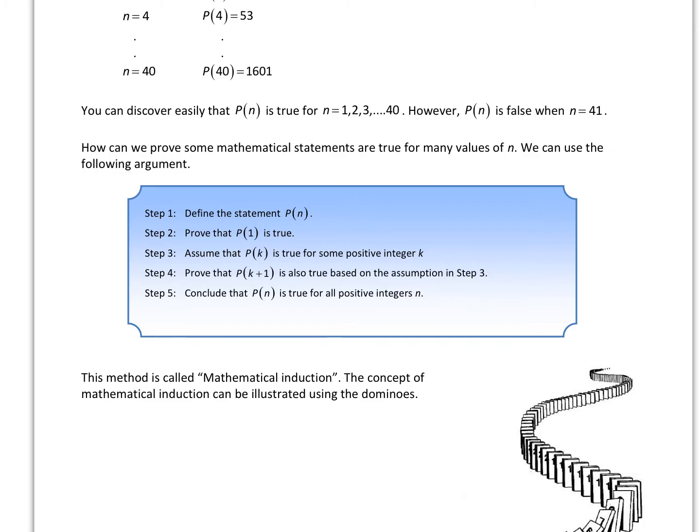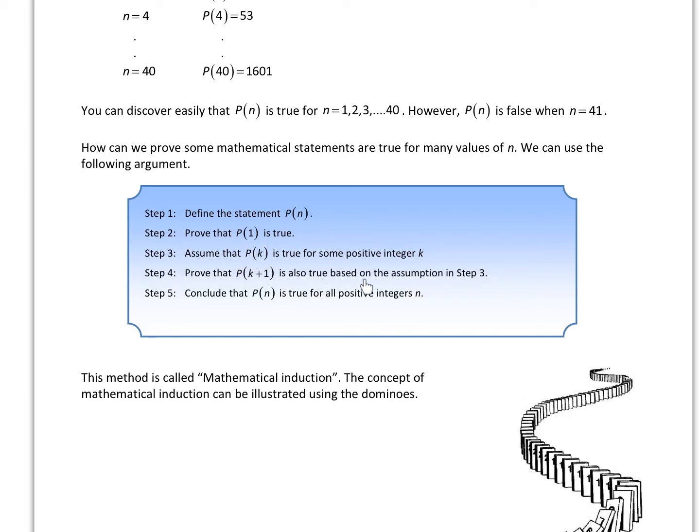I try to prove that when n is equal to 1, that statement is true. That means P of 1 is true, and I assume that for some positive integer k, P of k is true.